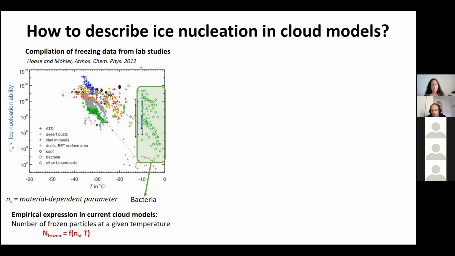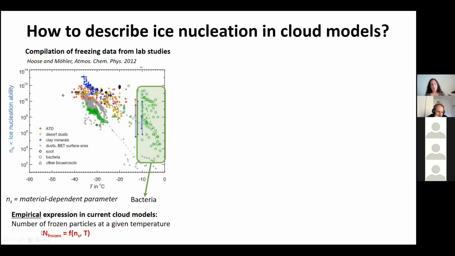A low value means it's not freezing that readily. And of course, freezing is a function of temperature. In this green shaded area you see the bacteria, and these are really the only ones that freeze above -10 degrees.